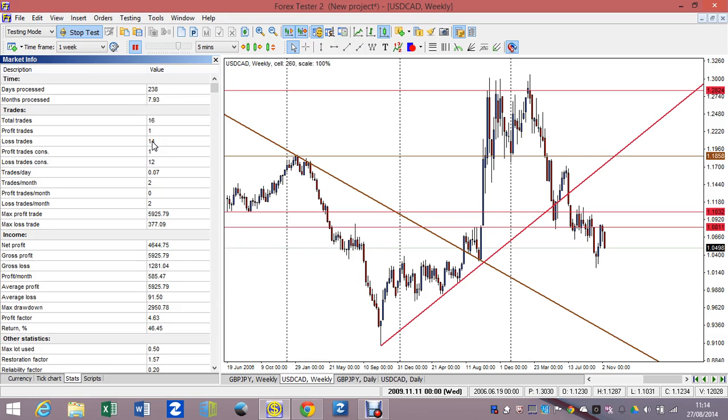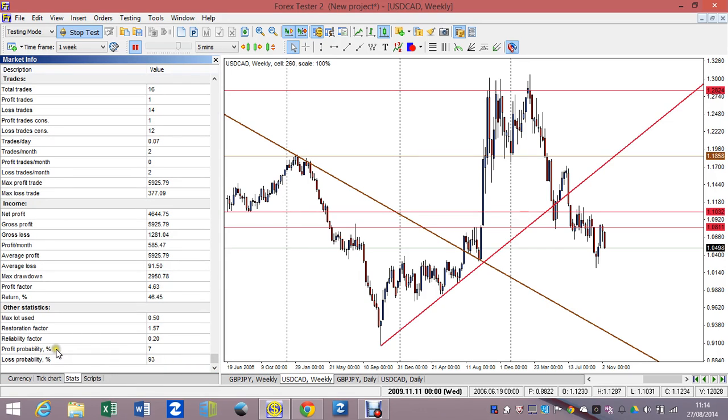It doesn't tell you break-even trades, etc. And I can't remember off the top of my head, but I think at least probably half of the losses were break-even losses, which is what it's all about, guys. Protect your capital. I had one profitable trade, and that one profitable trade netted me £4,500 in profit.